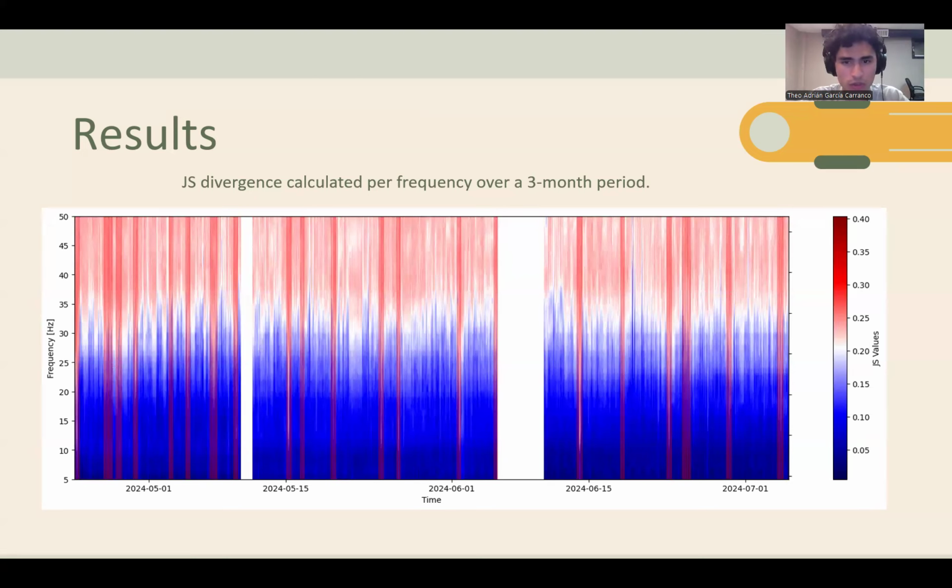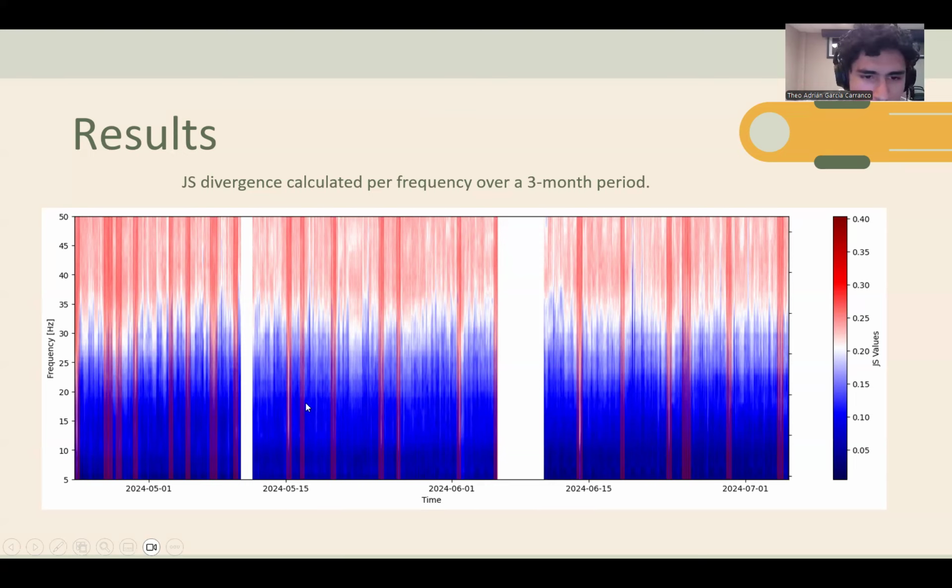So this is the result during the entire time. We see at each frequency how the divergence behaves during the entire time series. The red areas in the plot are different rain events.